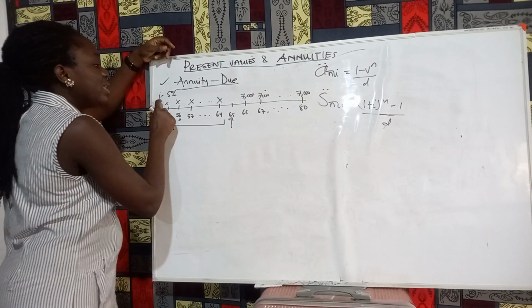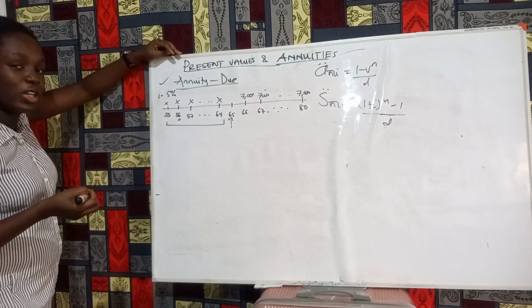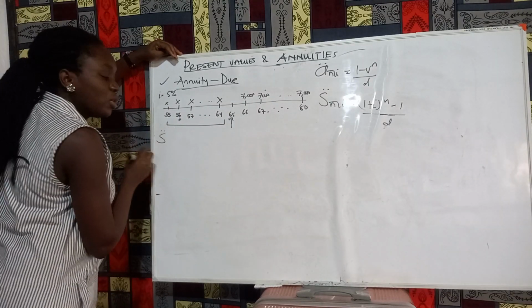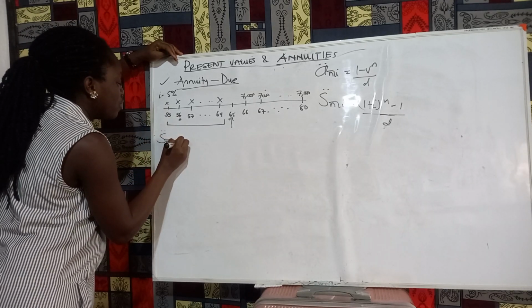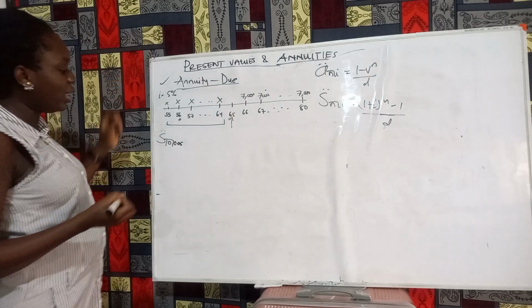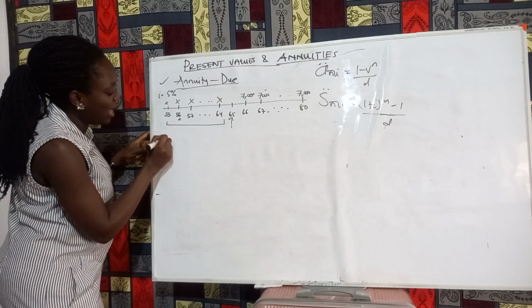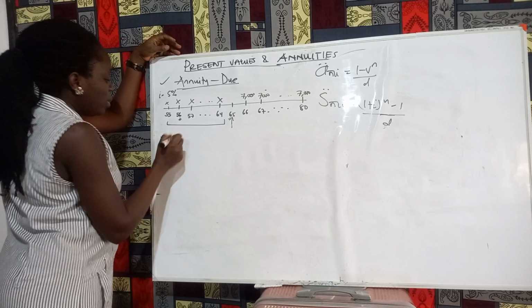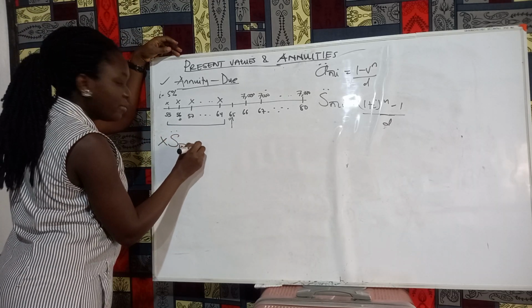So what's the value of this series of payments X at time 65? It's the future value of an annuity due, s double dot angle n. There are 10 payments involved. i is 0.05. The payment is X, so we write X times s double dot angle 10 at 0.05.